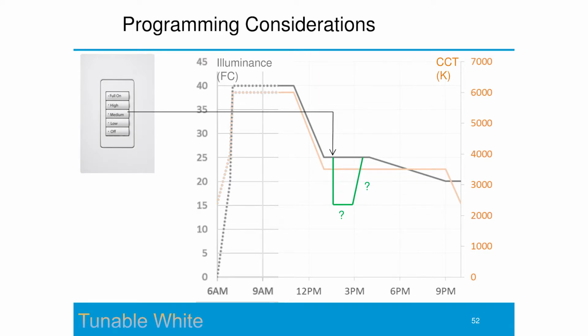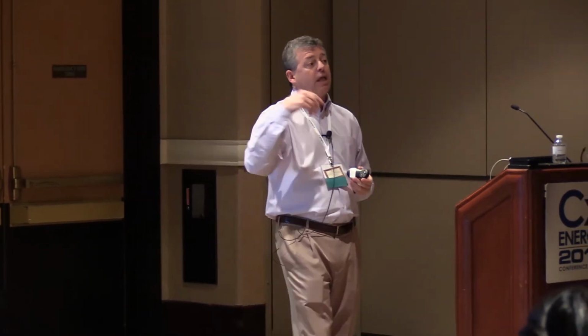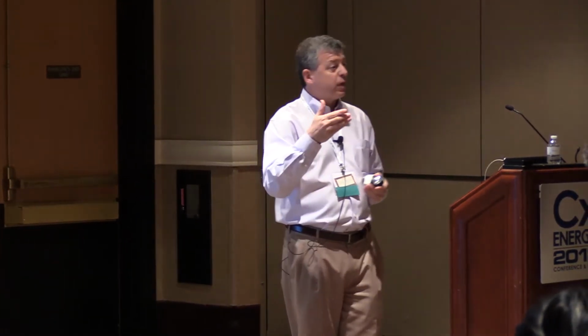Something else to consider, which is that it's programmed. I mentioned before the override. We choose to dim the lights below where they currently are. Have we answered the question of how long that override should last? Right? Should it last for an hour? Should it last for 2 hours? It needs to be thought through. Back to that sequence of operations. It shouldn't last forever.